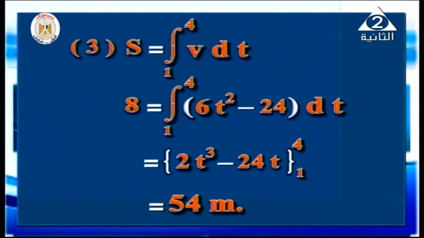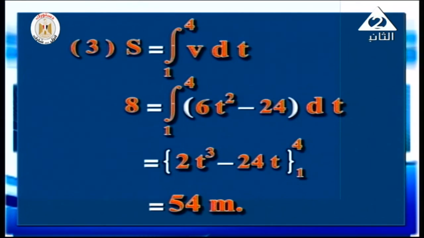Why? Because this is a definite integration, c equals 0. Then after substitution at t equals 4, then at t equals 1, we subtract the first minus the second. The answer is 54 meters.